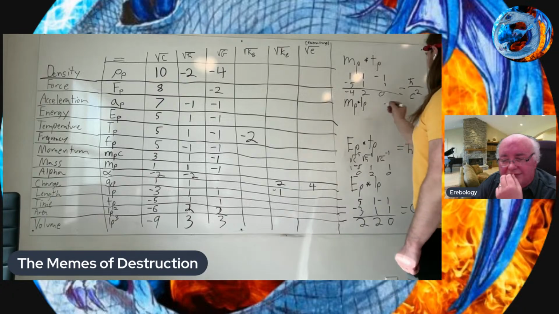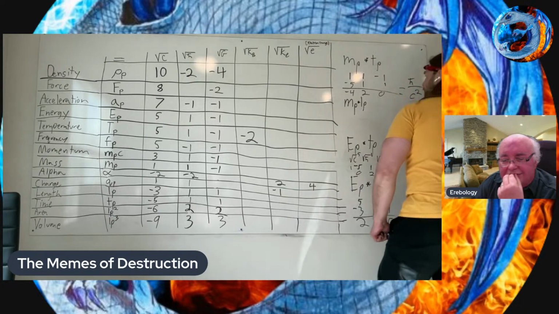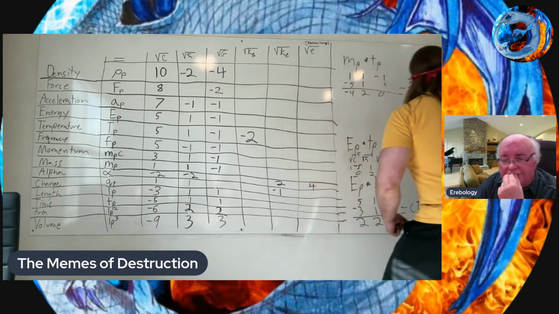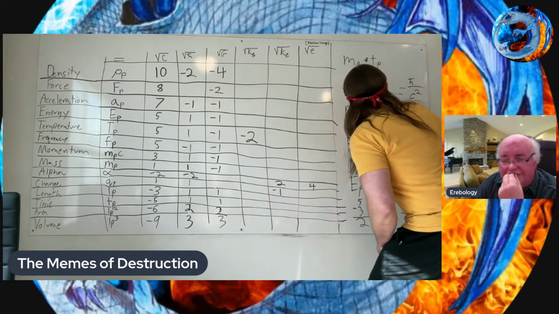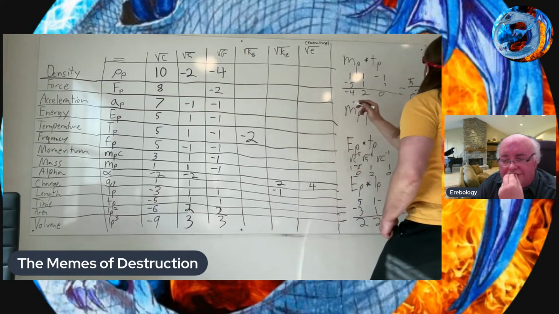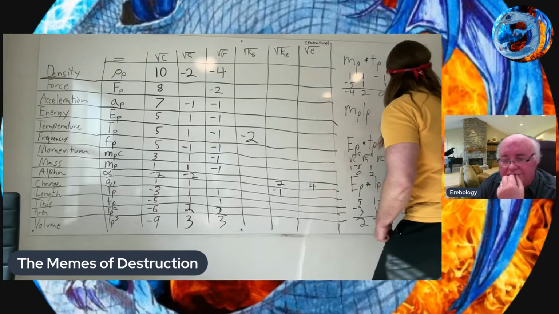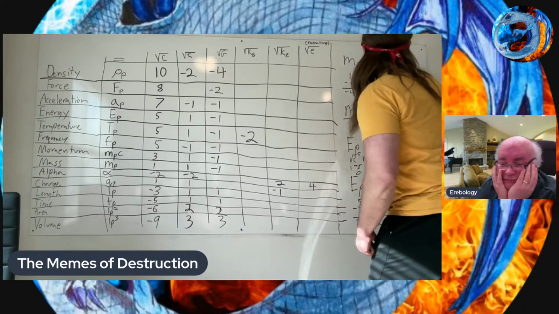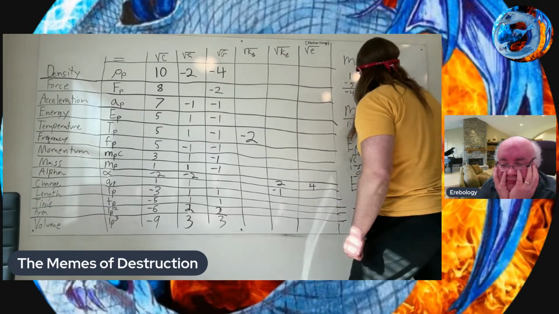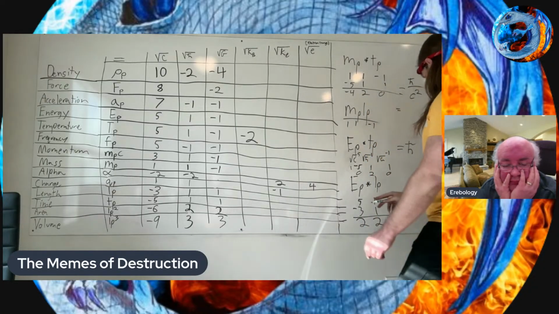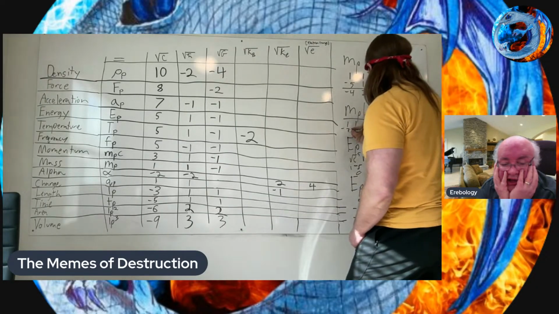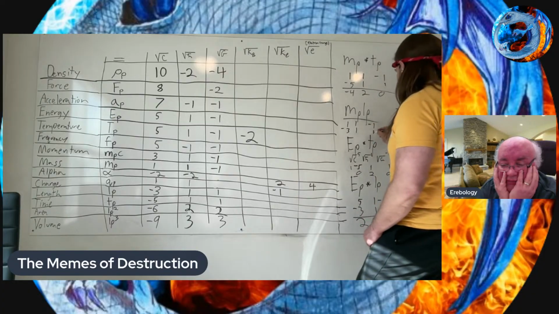And then we have the other guy. Let's move this over here just because I'm already confusing myself. So MP, LP. MP is 1, 1 minus 1, 1, 1 minus 1. And then LP is minus 3, 1, 1, 1, 1.